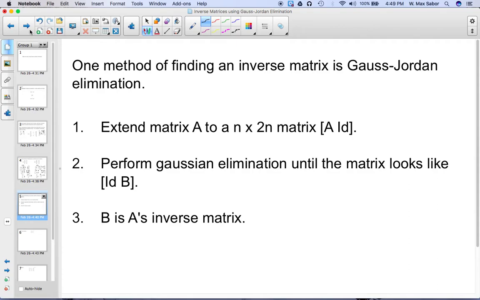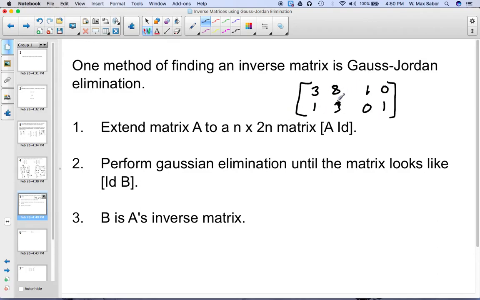So the first thing is we're going to take our matrix, a square matrix looking like 3, 8, 1, 3, and I'm going to extend it. So now it's going to have twice as many columns, and I'm going to put the identity matrix next to it.